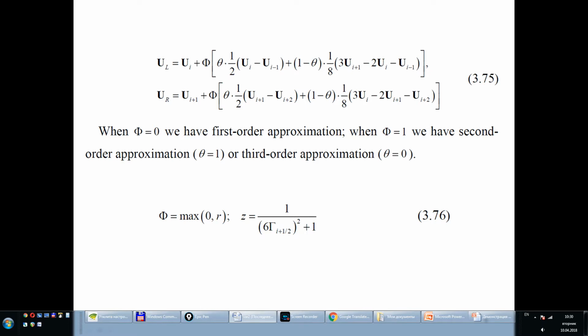The following formulas for fluxes are suggested: U_L, U from the left side, and vector U from the right side of the surface i plus 1/2.